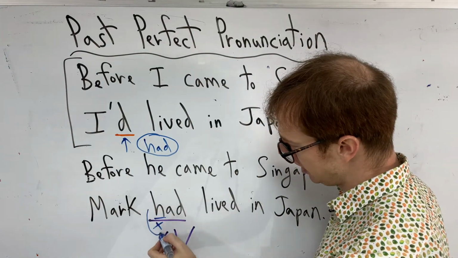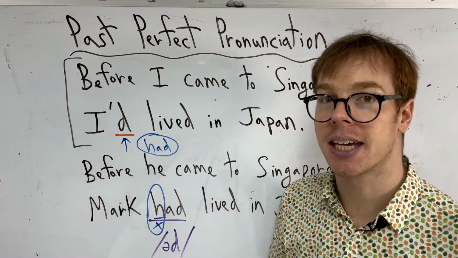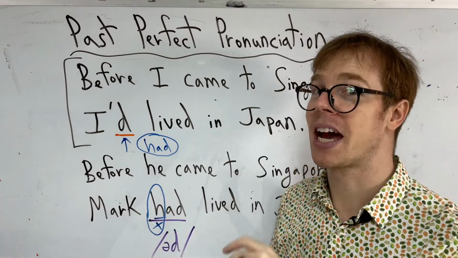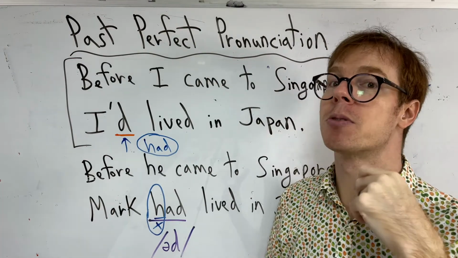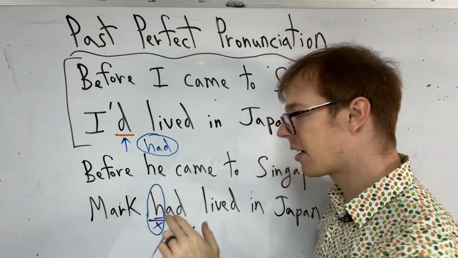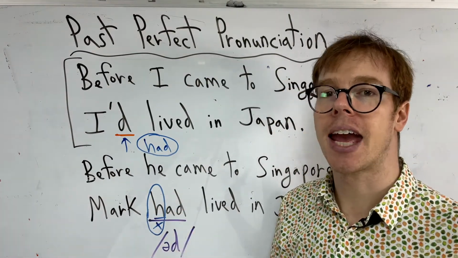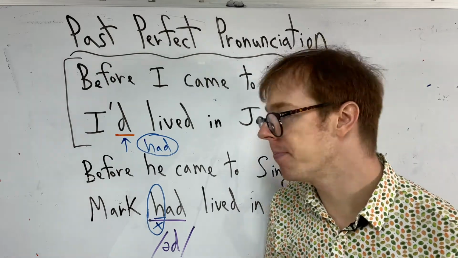So you see this H? I remove the H when I'm speaking. Writing, you always have to write the H. But when I'm speaking, I will say it very quickly. I won't make the H sound. So one more time.